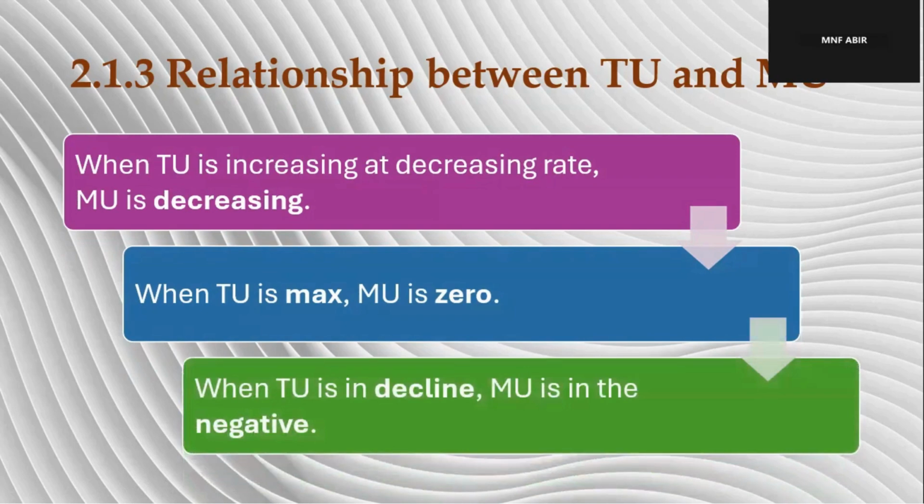And if marginal utility becomes negative, then total utility will actually start to decrease. This relationship is often shown on a graph. Total utility rises at first, then flattens when marginal utility reaches 0, and eventually declines when marginal utility is negative.